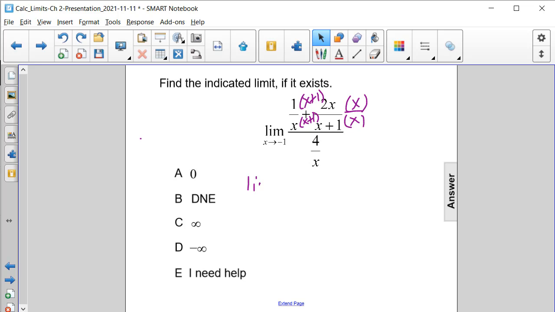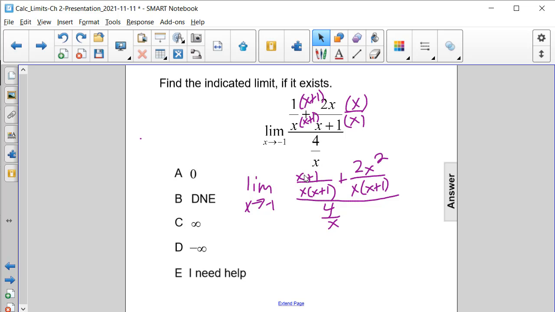This will keep our limit the same, but now it becomes (x+1) over x times (x+1), plus 2x squared divided by x times (x+1), all divided by 4 over x.